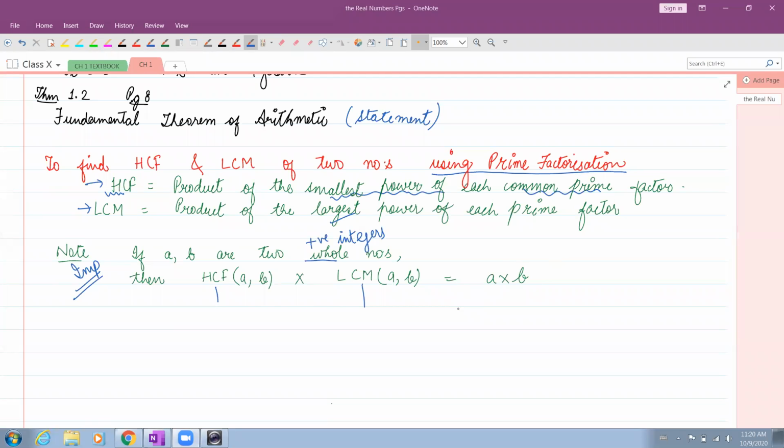Like right now मैंने अभी एग्जांपल ली थी 4 और 20 की, इनका HCF 4 आता है और इनका LCM आता है 20. So if you multiply the HCF and LCM, it is equal to the product of the numbers itself.